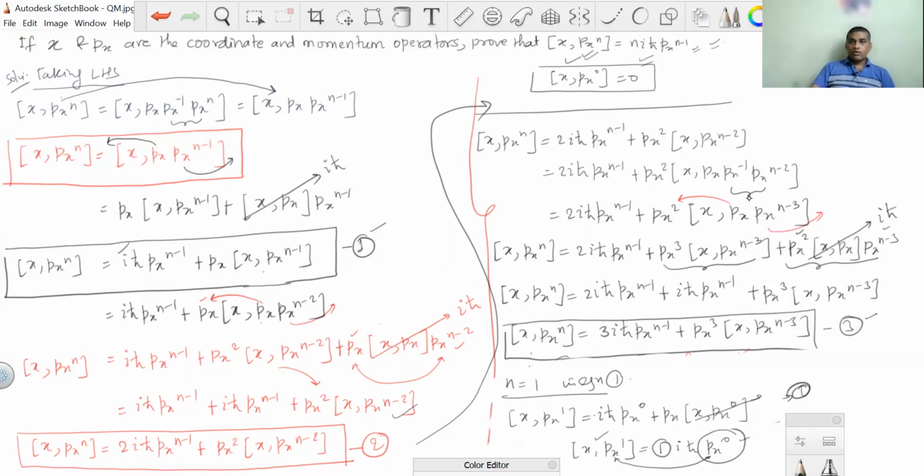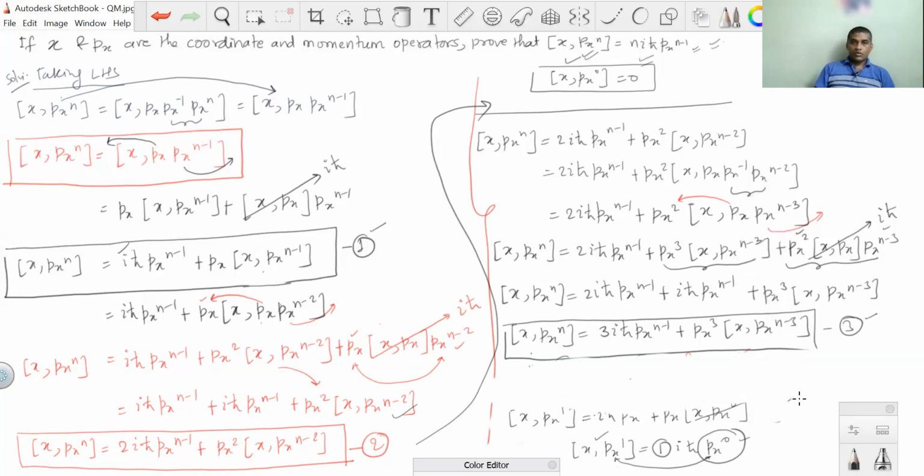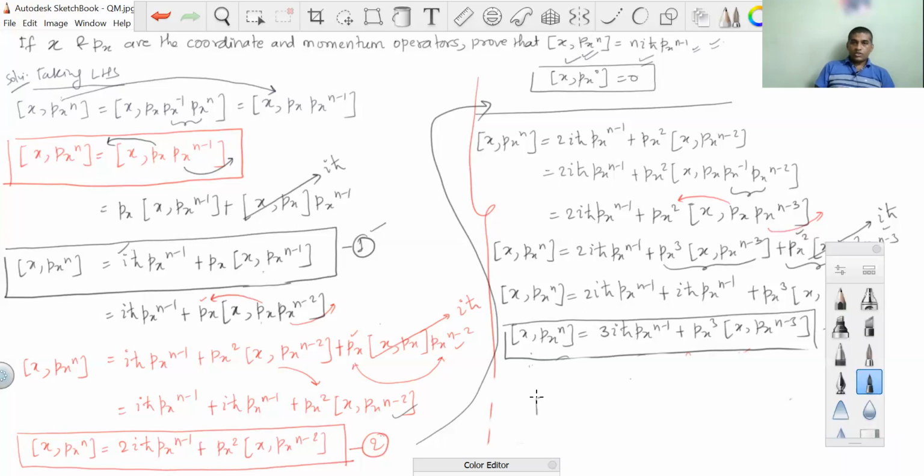So on generalizing, we can write the commutator of x, px power n equals n I h bar px power n minus 1.